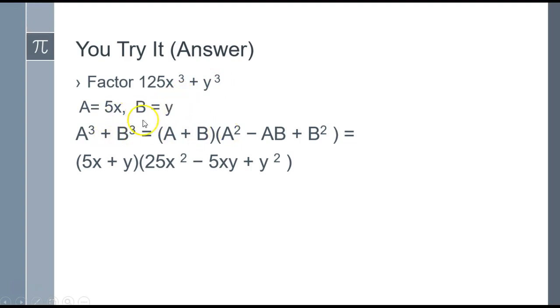So I have 5x is a and b is y, so I have 5x plus y because I started with an addition of two cubes. So the subtraction sign's in the second part of the factoring. 25x squared is from squaring 5 and squaring x. 5xy is from multiplying 5x times y. And y squared is from squaring what I decided b was. Hopefully you're getting that.